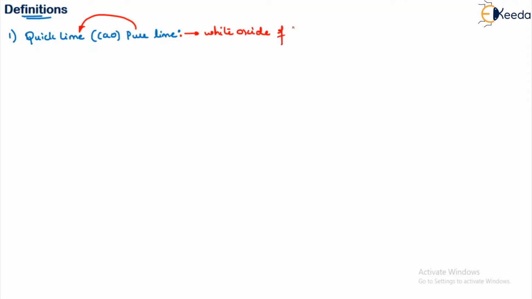Now let us have some discussion on the definitions which you have to understand about the lime. Right. So there are 6 definitions which you have to understand. The first one is the quick lime. It's also called CaO or pure lime. So the purest form of lime what we have is generally called the quick lime. This is a white oxide of calcium.